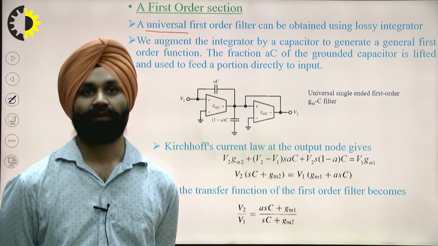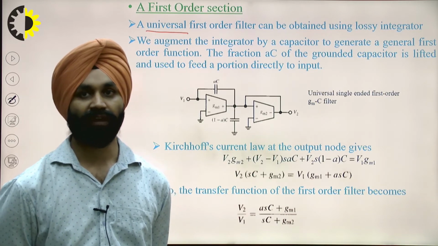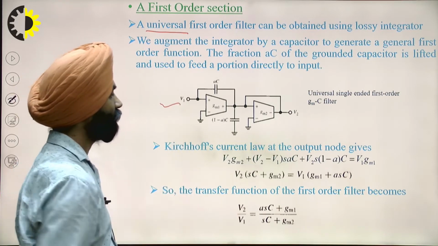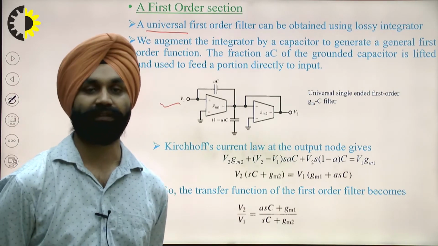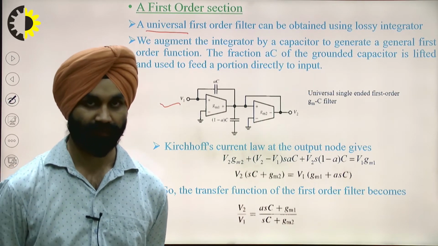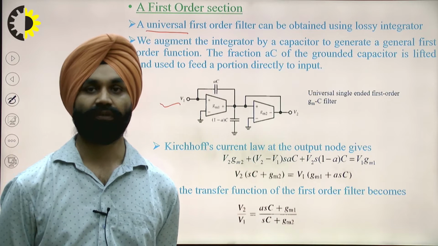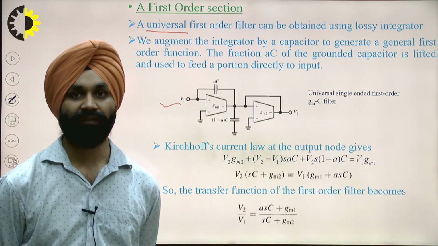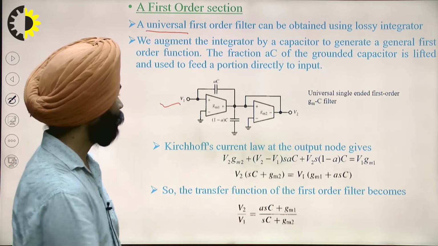So the integrator, how we can create it, we have seen that we can create it with the simple resistor with our transconductance. However, to control the gain, we have taken two capacitors.